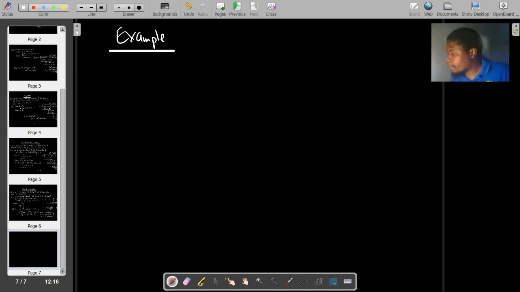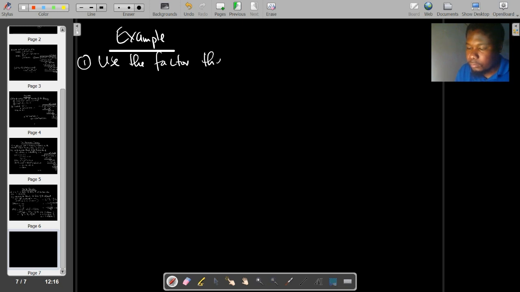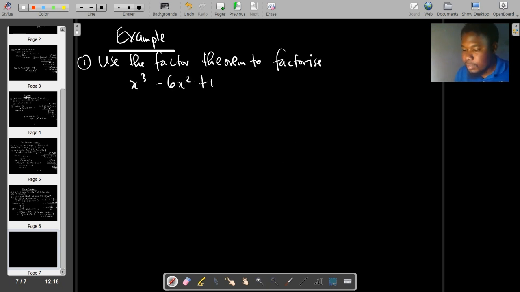Now, they're saying use the factor theorem to factorize x to the power 3 minus 6x squared plus 11x minus 6. So we need to use the factor theorem to factorize that.